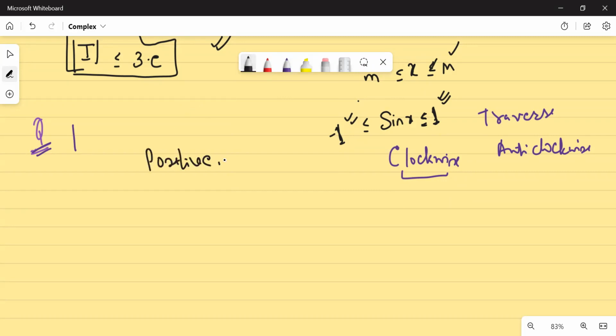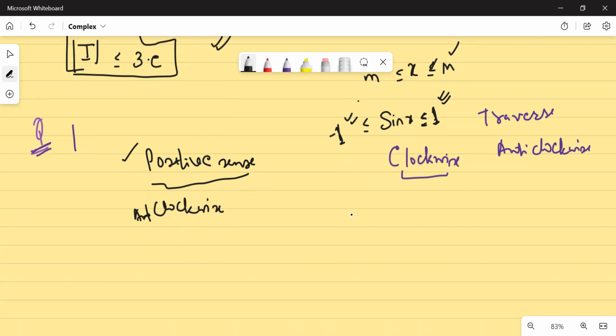In an examination or otherwise, if I say I'm moving in the positive sense, it implies I'm moving anti-clockwise, and it means a lot. There was a question in the exam which just went wrong. Most of the students did it wrong because they could not assess the orientation.